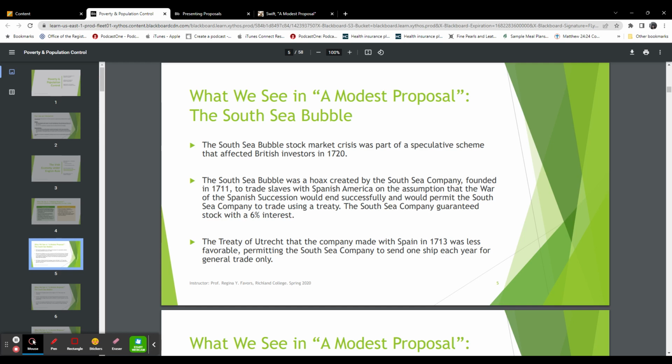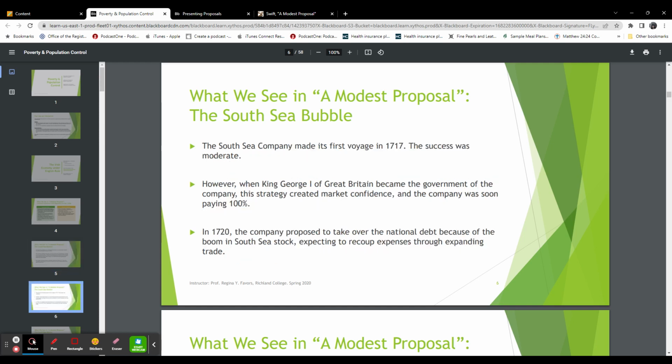The Treaty of Utrecht that the company made with Spain in 1713 was less favorable, permitting the South Sea Company to send one ship each year for general trade only. Okay. Then the South Sea Company made its first voyage in 1717. It was great. However, when King George I of Great Britain became the governor of the company, this strategy created market confidence, and the company was soon paying 100%.